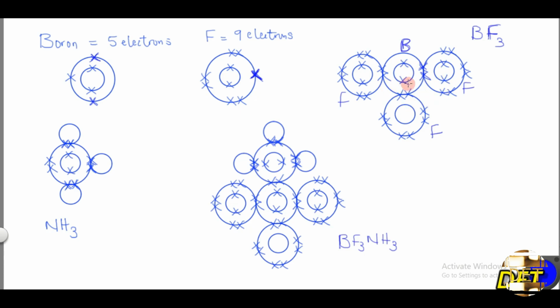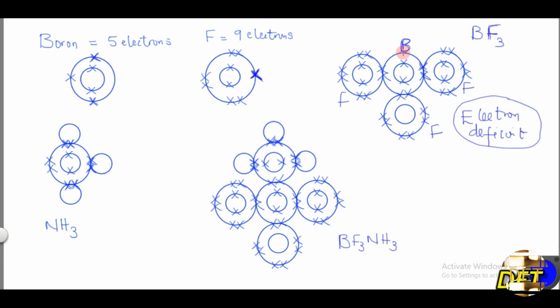So if you look at this compound very well, you will discover that this shell has 1, 2, 3, 4, 5, 6 electrons, remaining 2 electrons to make it an octet, to make it to be in that octet state with 8 electrons, right? So we can say that this compound is electron deficient.